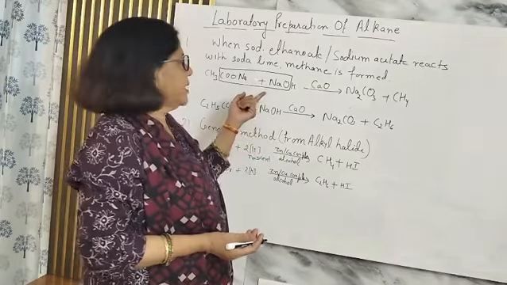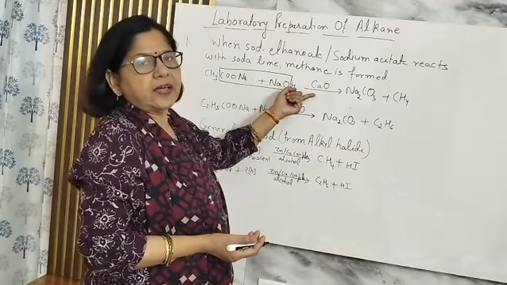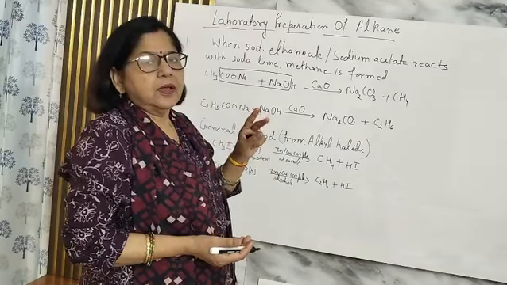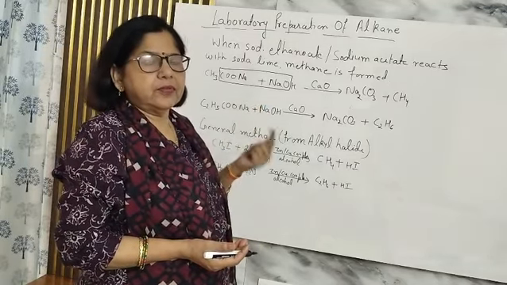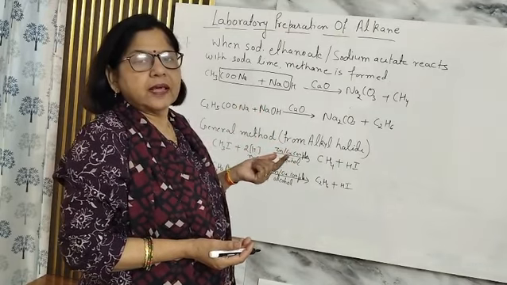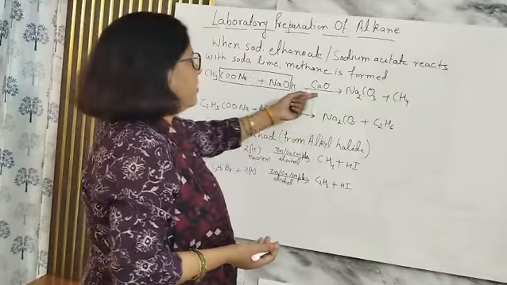NaOH is the part of the reaction and CaO works as a drying agent. Fine. These two questions are very important. What is soda lime? Number one, and number two, why can't we take only NaOH, not the soda lime, for the laboratory preparation of what? Methane.